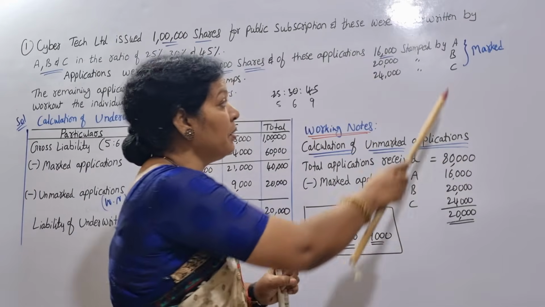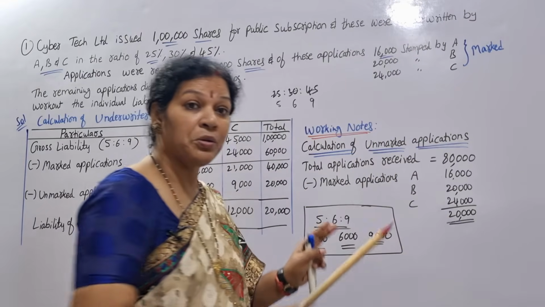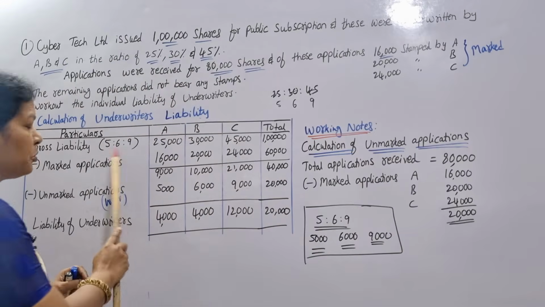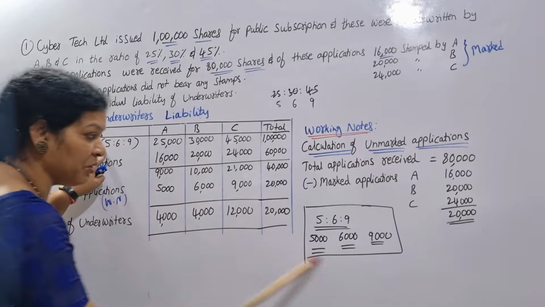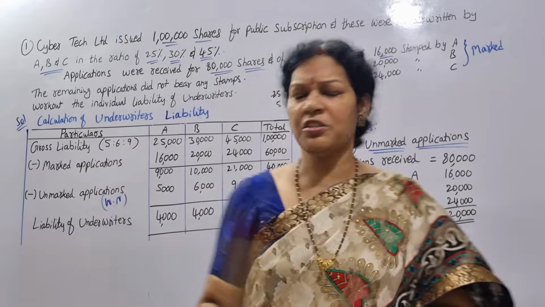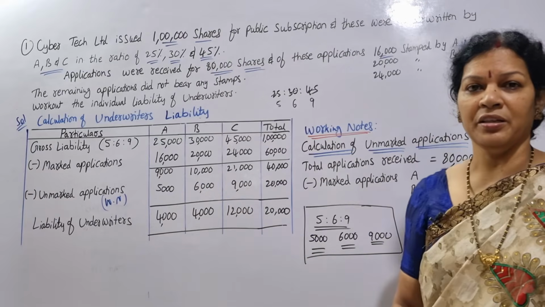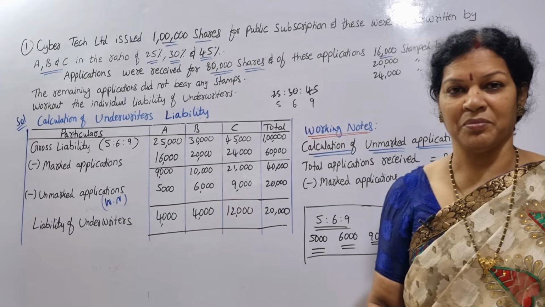Applications received 80,000 minus this marked, it comes to unmarked. Unmarked we have to distribute to all the underwriters in the same ratio, the initial gross liability ratio. In the same ratio we have distributed. Once you distribute, the same thing you have to deduct it. Then you will be getting the individual liability of the underwriter. Simple. This is the problem.